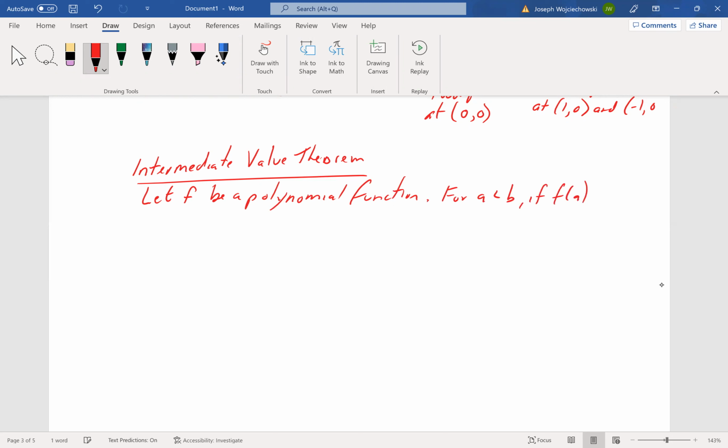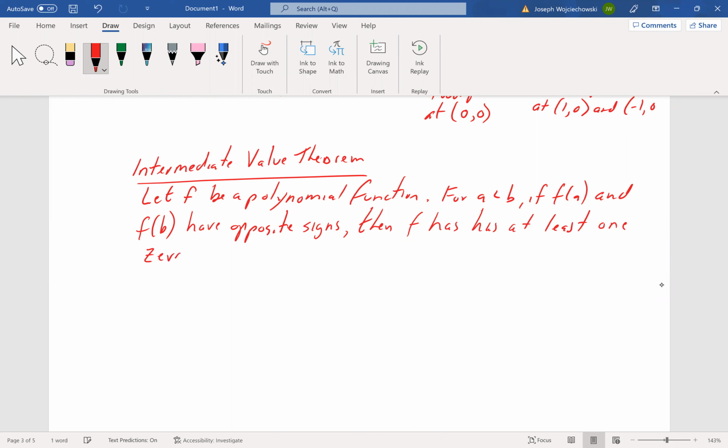If f of a and f of b have opposite signs, then f has at least one zero on the interval AB.